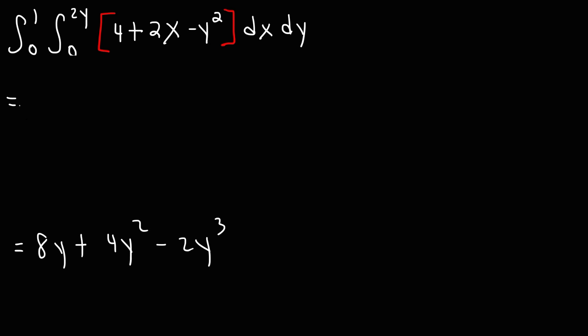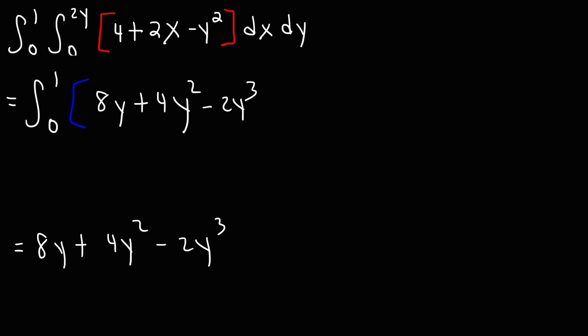So at this point, this is equal to the integral from 0 to 1 of 8y plus 4y squared minus 2y cubed, and then dy. The antiderivative of y to the first is y to the second power over 2.